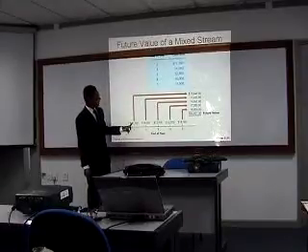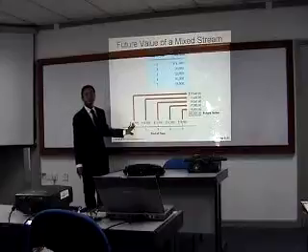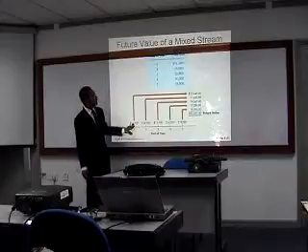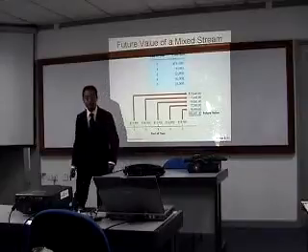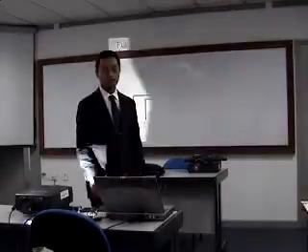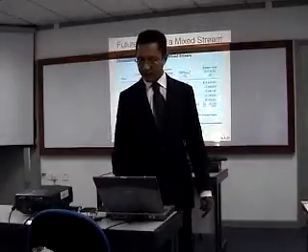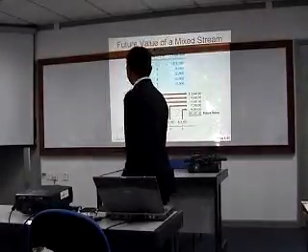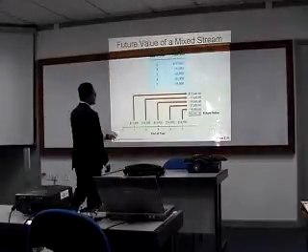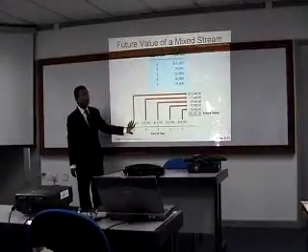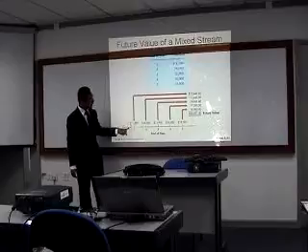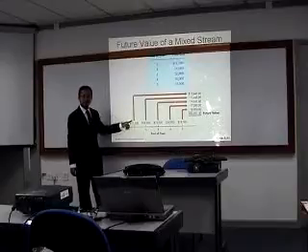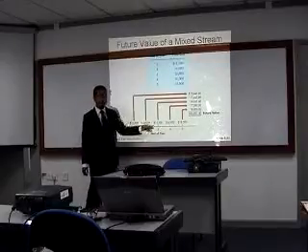Using the table. The interest rate is given at 8%. Okay. What is your N? 5? Now let's calculate the range of years here.